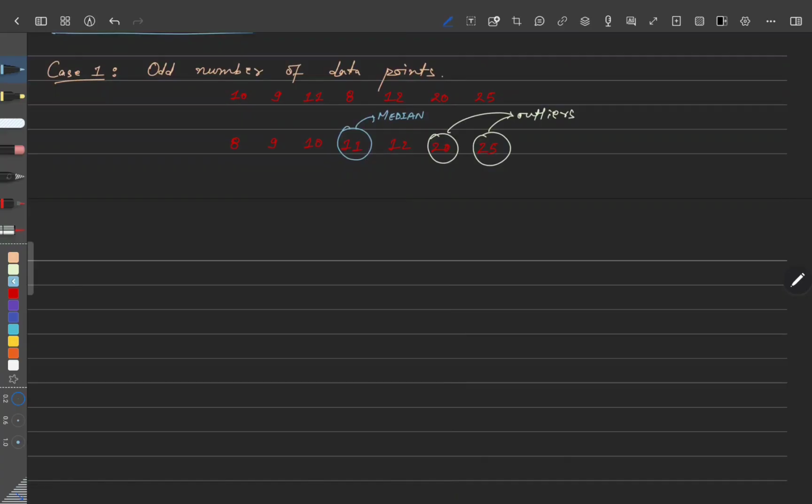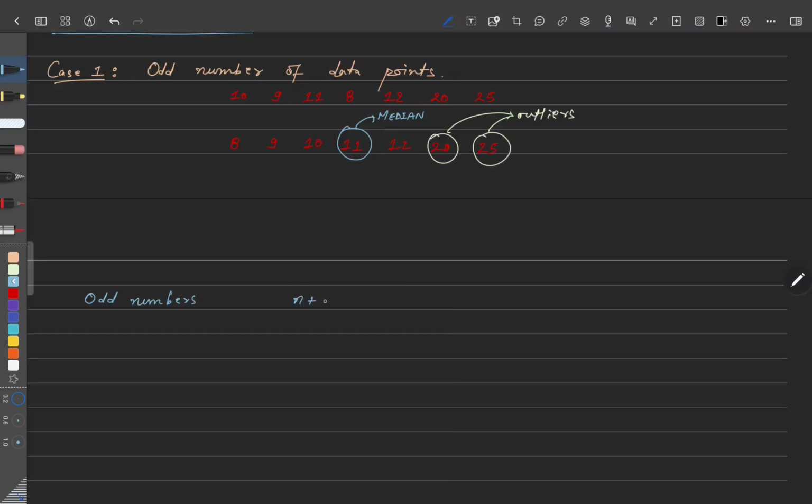So let us anyways derive a formula, so that you don't have to do a lot of calculation in case there are a lot of numbers. If there are hundreds or thousands of numbers, how would you calculate the middle value? You cannot eyeball it just like we did in this case. So the formula is something like this. Odd number case.